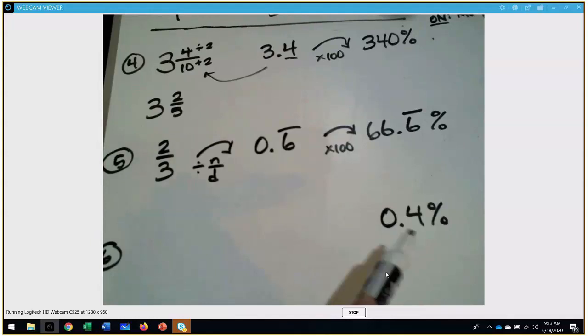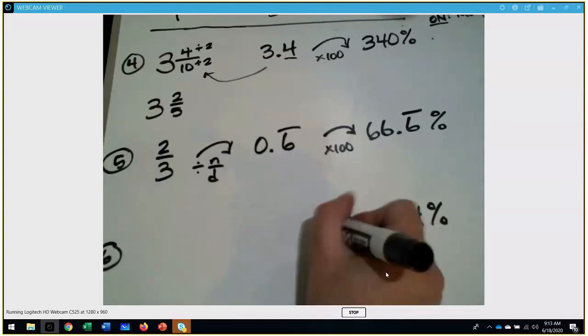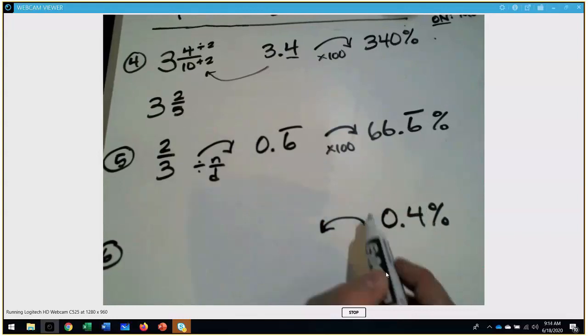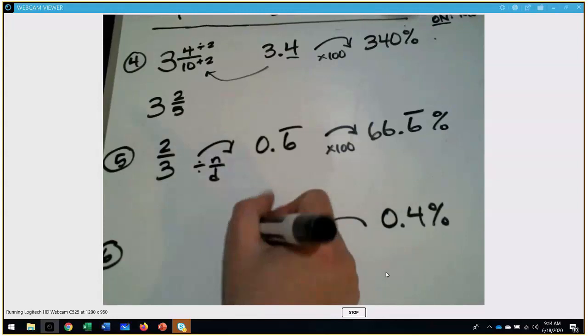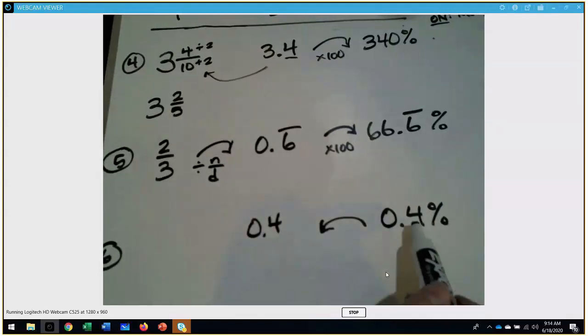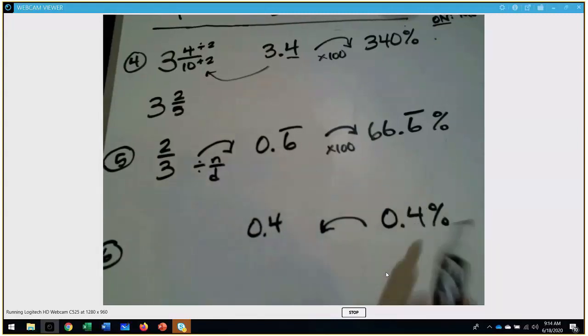Here's another thing I commonly see people get confused about: they look at this and say, well, that already is a decimal, and they write this. Just because you take the percent sign off doesn't mean you've done anything. You can't just erase things however you want. This is a decimal percentage. The percent sign does not come off.